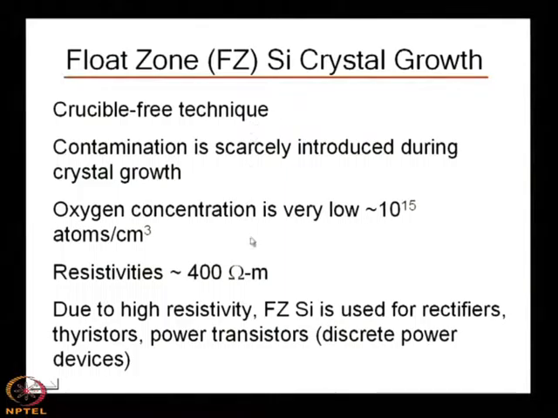Then because there is no contamination, you will find that the resistivity is very high. You know that if there is an iota of impurity, the resistivity decreases, because if a semiconducting sample is not doped at all, it is known as intrinsic.